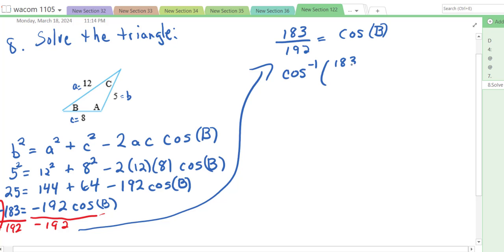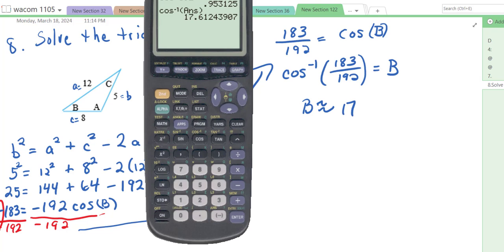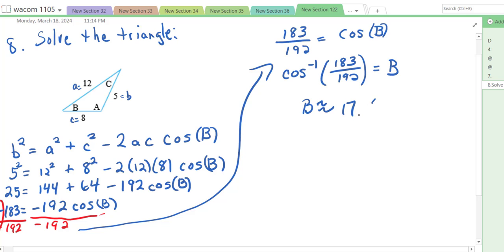I'll just put the 183 over 192. This will give me B. All right, so B is approximately 17 point, we said one decimal place, so 17.6 degrees. Okay. So that is one angle and one side.